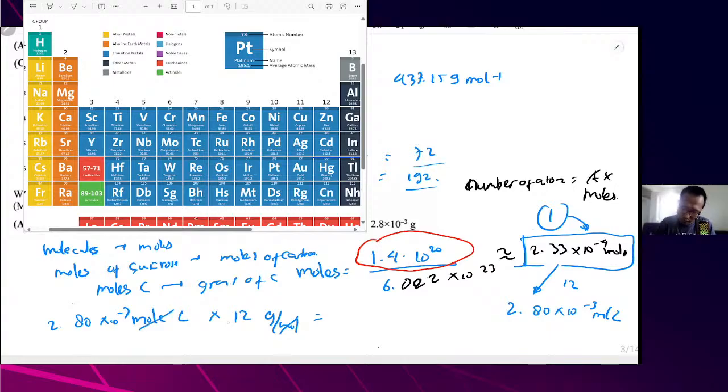We can cancel the mole unit, and we end up getting 0.0336 grams. So the answer is C.